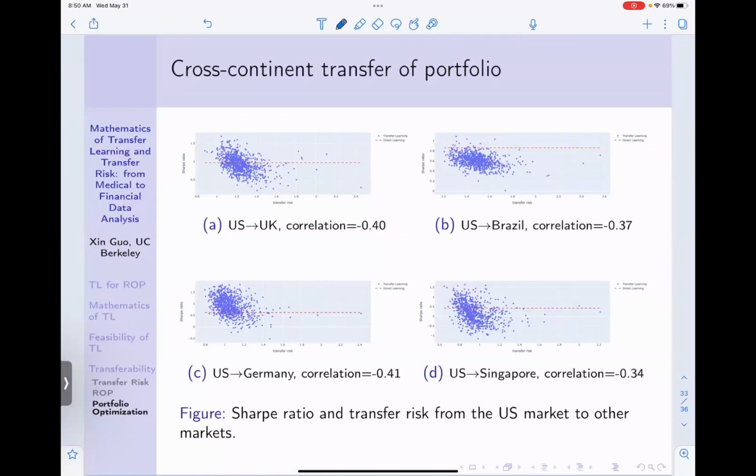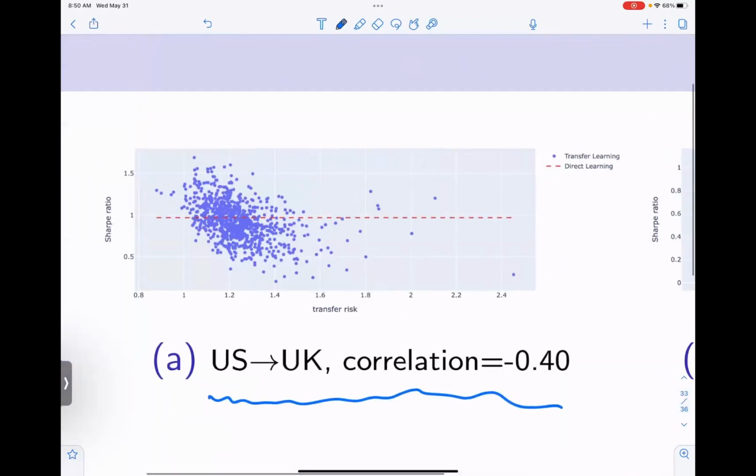So this is the US and UK. And I use the transfer risk, again using the Wasserstein distance here, and then see the correlation. This is not the best number we get, so probably ignore the number here. Instead, focus on this picture that I'm going to enlarge.